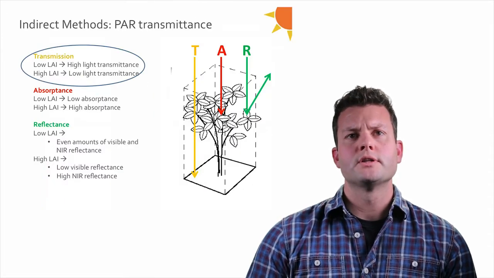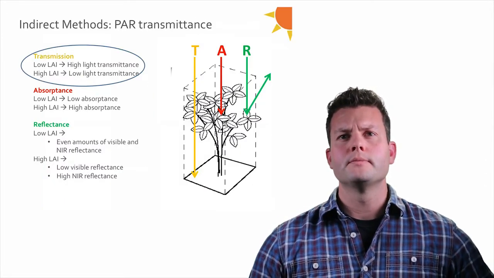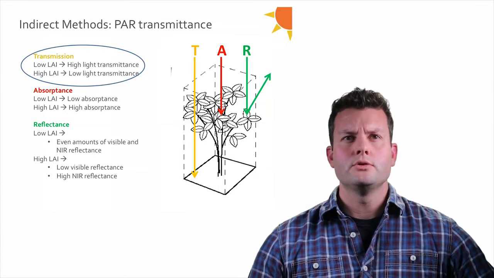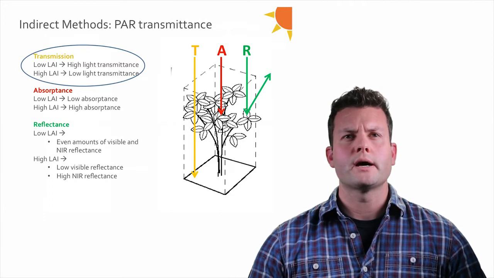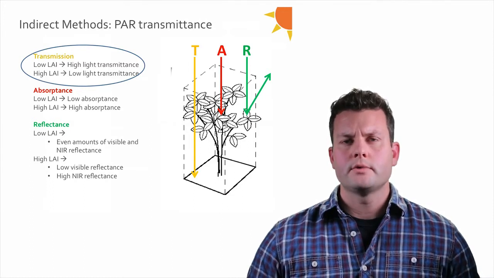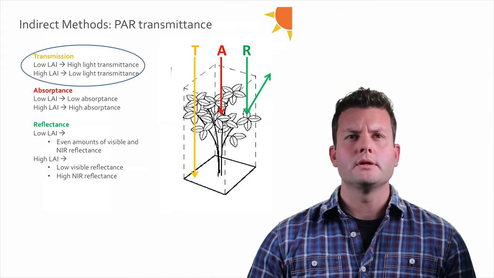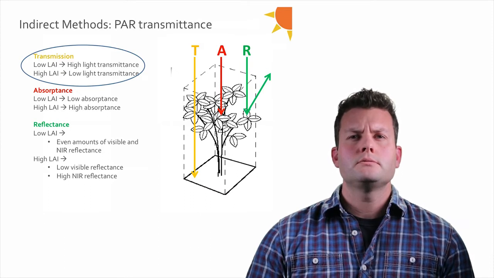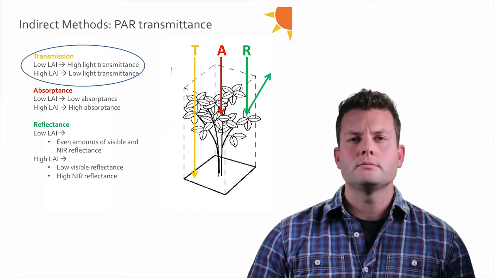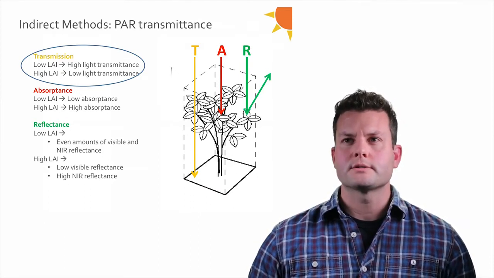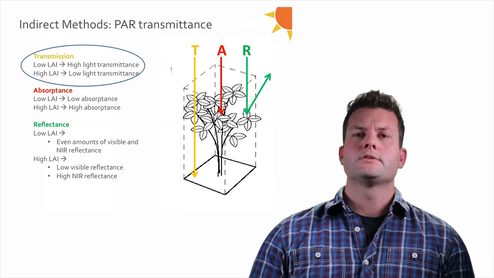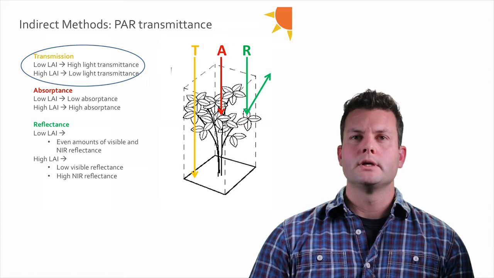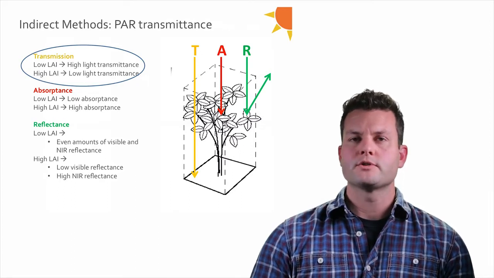Okay, so moving on to the next indirect method, we're talking about methods that use measurements of transmitted light to estimate LAI. Just from a conceptual standpoint, very basically, if we're in a sparse canopy, well, for one, we can see that there are very few leaves there, but it also tends to be a lot brighter in the understory of a sparse canopy.